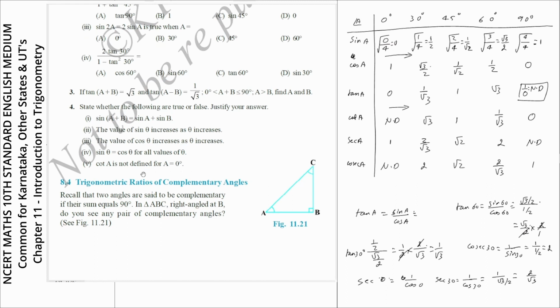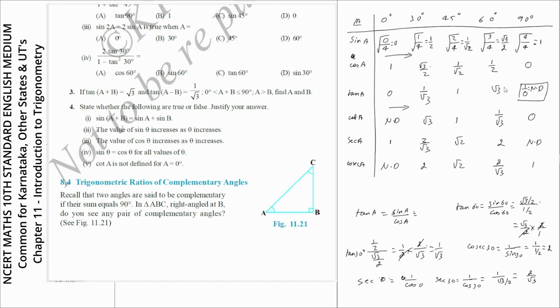Cot A is not defined for angle A equal to 0 degrees. In this chart you can see for theta equal to 0, that is when angle A is 0, cot A is not defined. Actually we get 1 by 0, which is not defined.